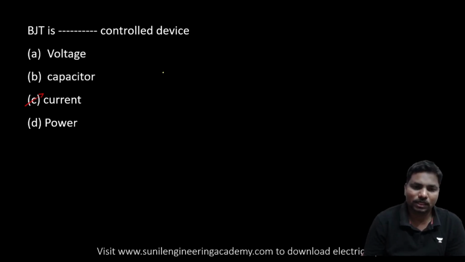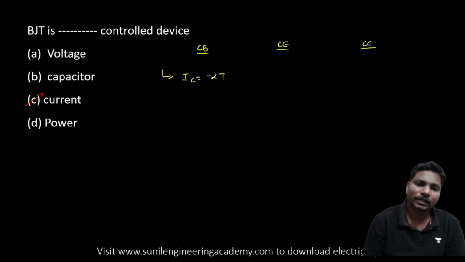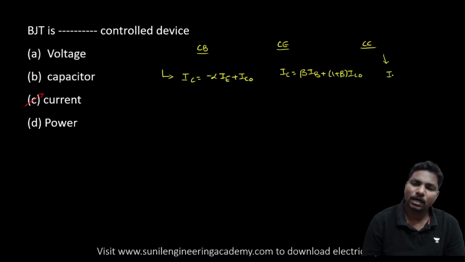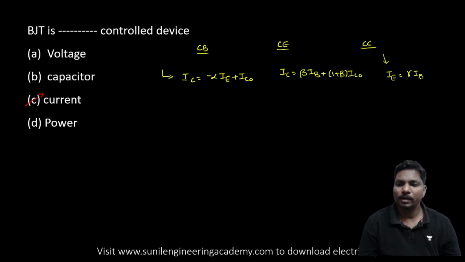In common base, IC is equal to alpha into IE plus ICO. In common emitter, IC is equal to beta into IB plus (1 plus beta) into ICO. Here IE is equal to gamma into IB plus gamma into ICO.